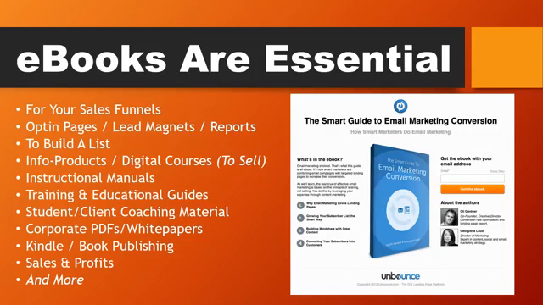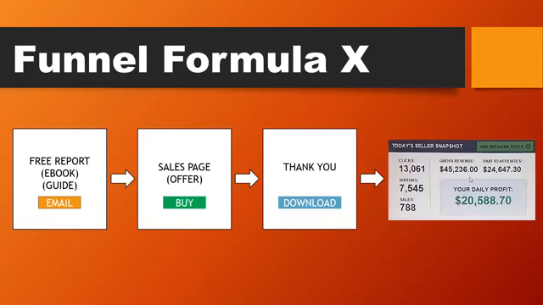There's a screenshot on the right-hand side by Unbounce, and to bring customers into their funnel, they've got an ebook out there to capture email addresses. You may have seen something like this before. It's a really basic funnel formula, just to give you an understanding.